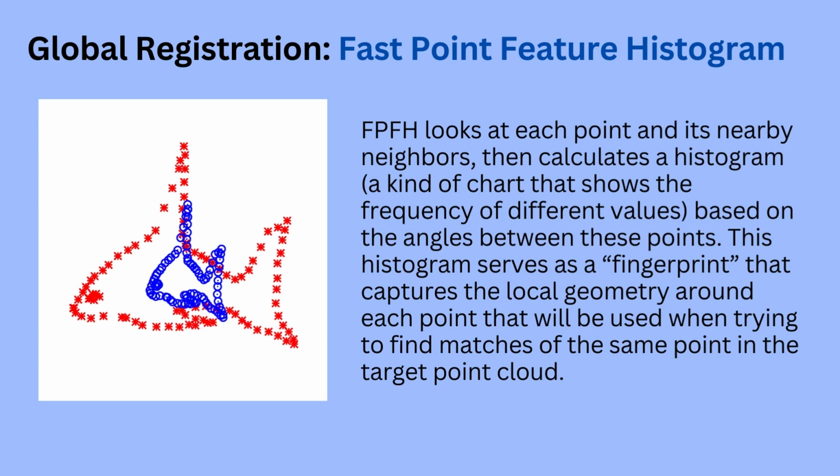So from those features for each point, we're calculating this histogram, which is a fingerprint, so that when we try to match this point in the source cloud with its corresponding point in the target point cloud, we will use these histograms as fingerprints, as clues to match them up in a manner that brings us closer to the global minimum error.